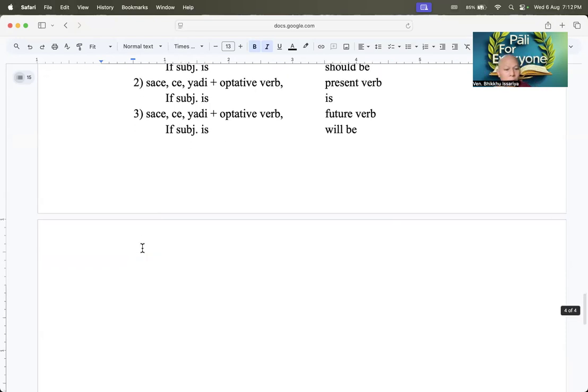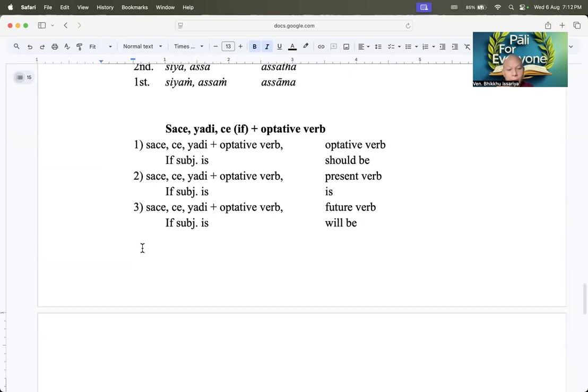And also one more point we need to know before giving the examples.